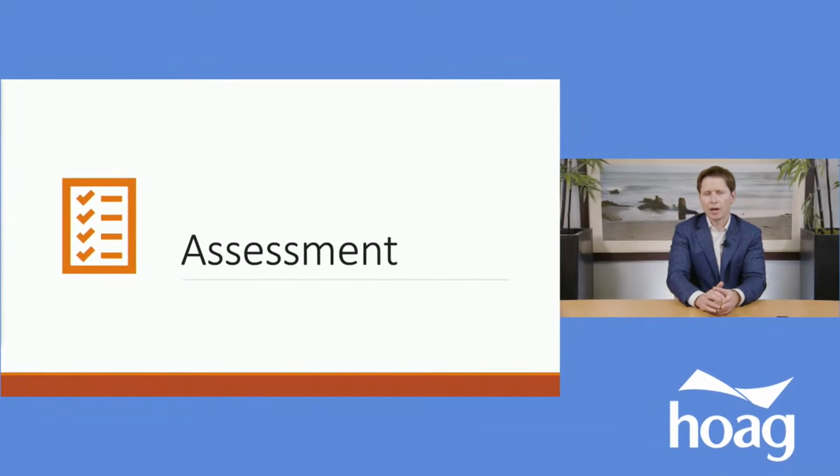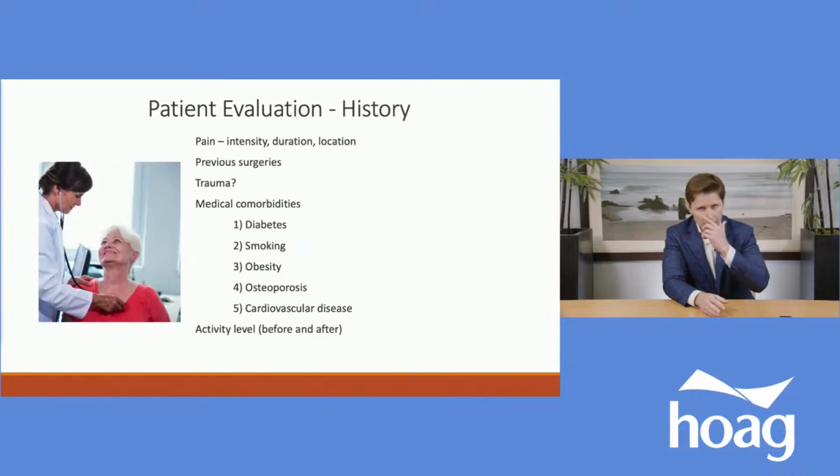So let's talk now about assessment and how we evaluate patients with spinal deformities. The first and one of the most important steps is to get a good history. First is to identify if the primary symptom that the patient is experiencing is pain, how long this has been present for.